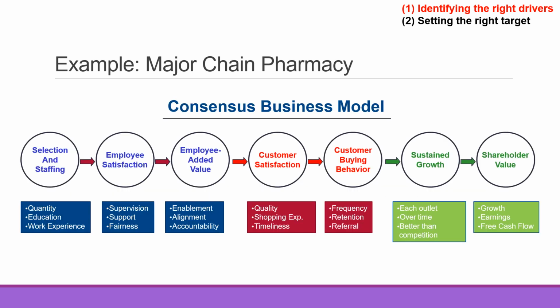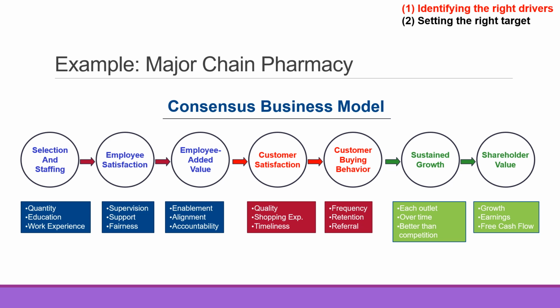As you can see in this consensus business model, there is a final outcome of sustained growth. This is profitability, whether you have performed better than your competitors. But the items leading to the growth are, yes, customers coming into your store and filling their prescription medications, coming back multiple times. So consumer buying behavior directly influences sustained growth.